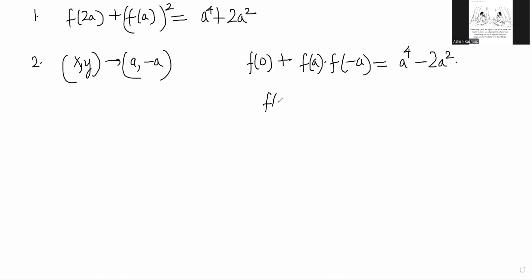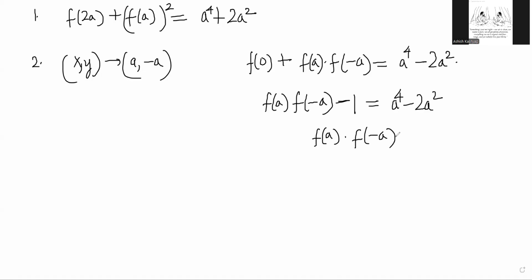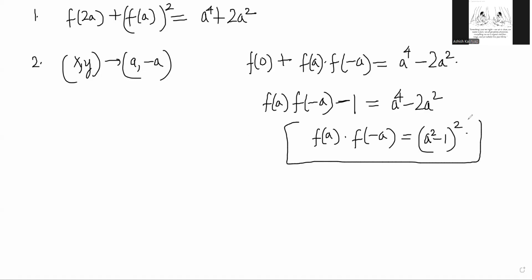So this equation is f(a)f(-a) - 1 = -a⁴ - 2a², right? If you bring the -1 to the other side, you will realize this is f(a)f(-a) = -(a² - 1)². So this is my second equation.